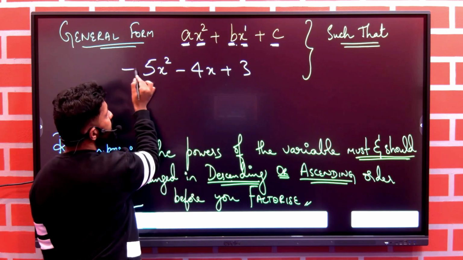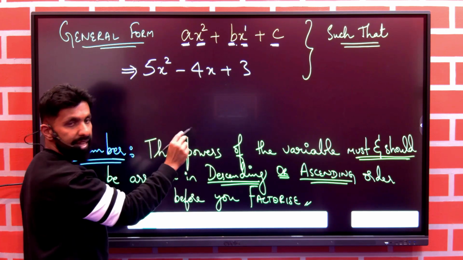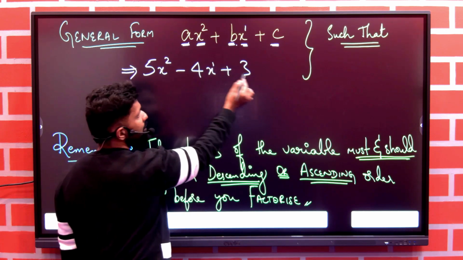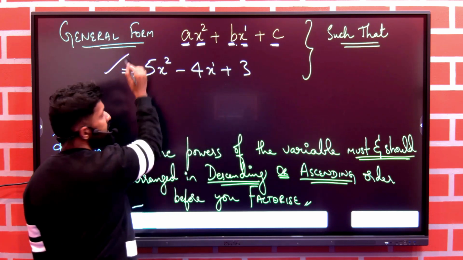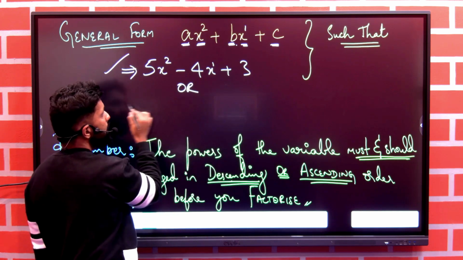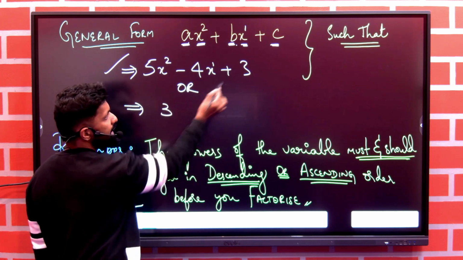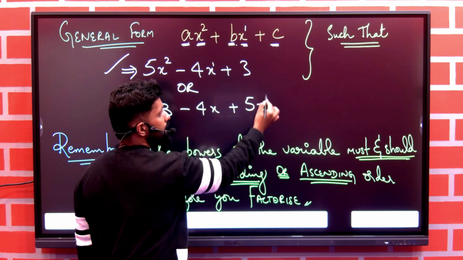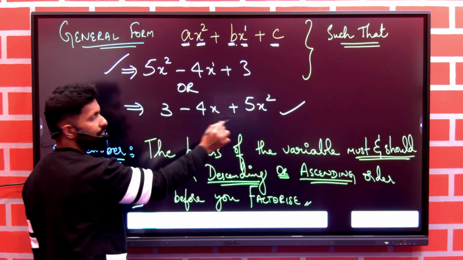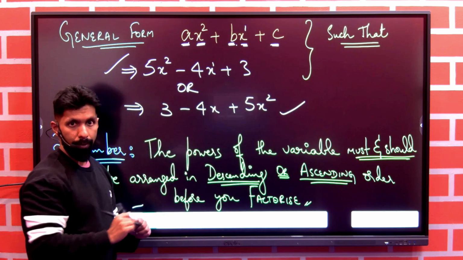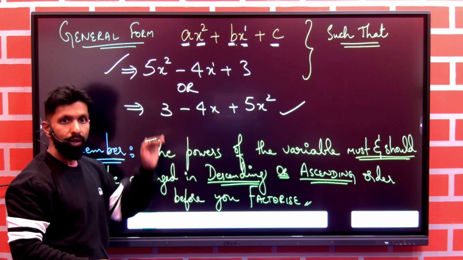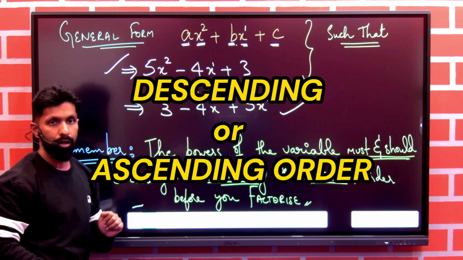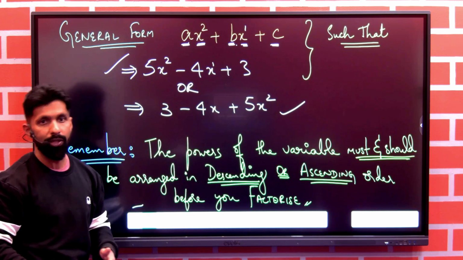So either you can write it this way, in descending order, x power 2, x power 1, x power 0, or you can also represent this as 3 minus 4x plus 5x square. Even this is the right format. Here I've written the powers in ascending order. Only if you write it in descending or ascending order are you allowed to start with your factorization.